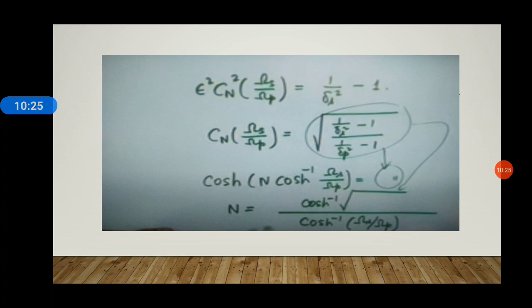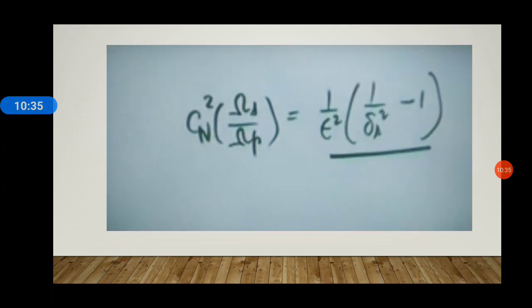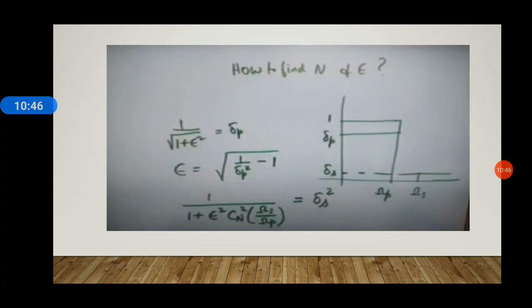These are the same steps that we have used in Butterworth. These are mathematical calculations. And for epsilon, we can use this formula, which is already given here.